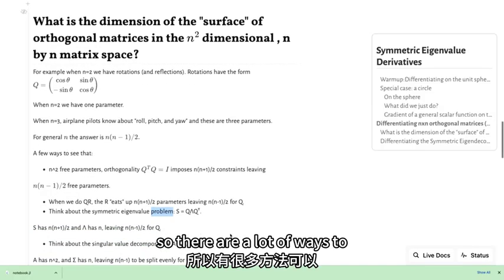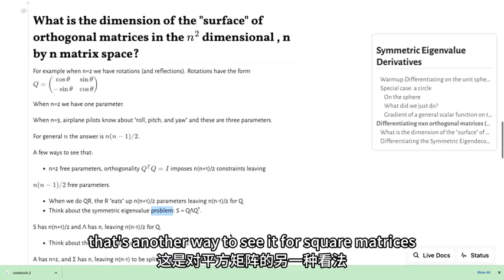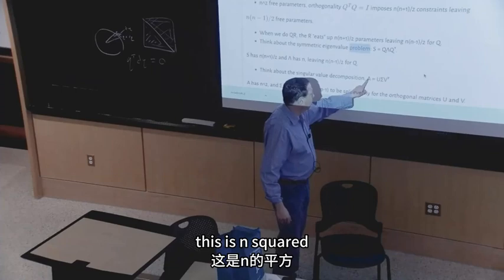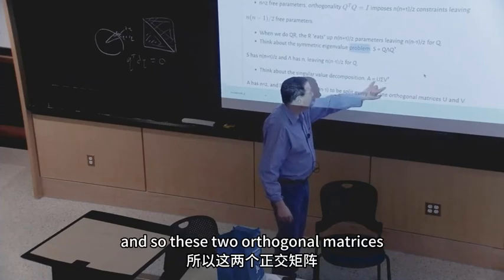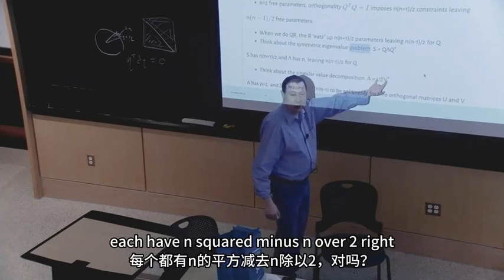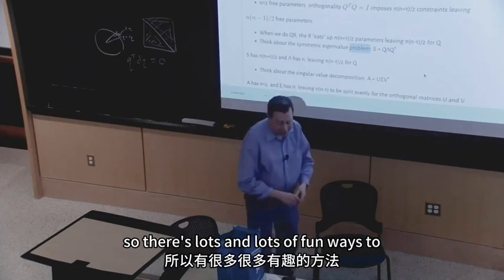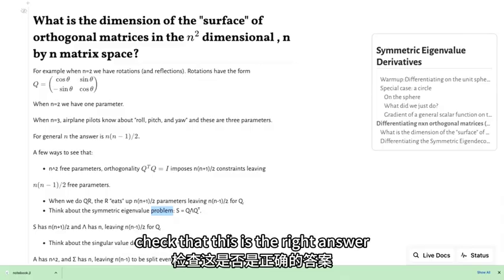You could also look at the SVD. For square matrices, this is n squared. The middle factor has n, and so the two orthogonal matrices each have n squared minus n over 2. So there are lots and lots of fun ways to check that this is the right answer.